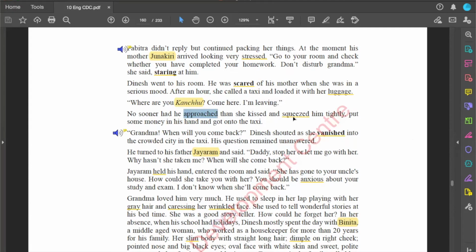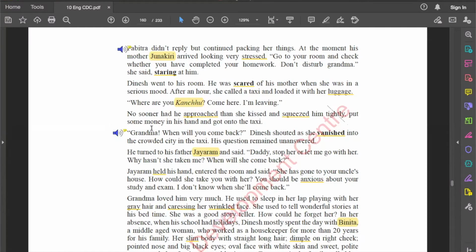Squeezed means press something tightly. Squeezed him tightly meaning is like suppose when you love somebody, your dearest person comes nearby you, okay, and when you are leaving somewhere else, then what you do, you'll squeeze, you'll just put somebody else in your arms and you just press it tightly.